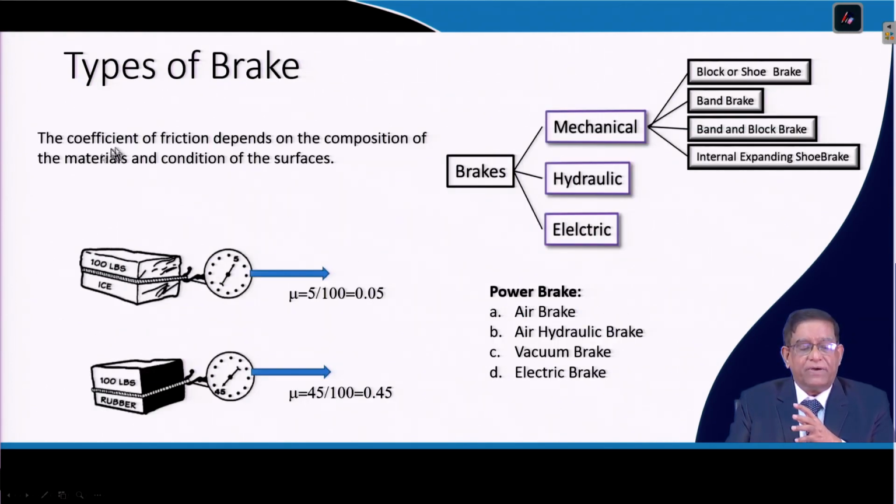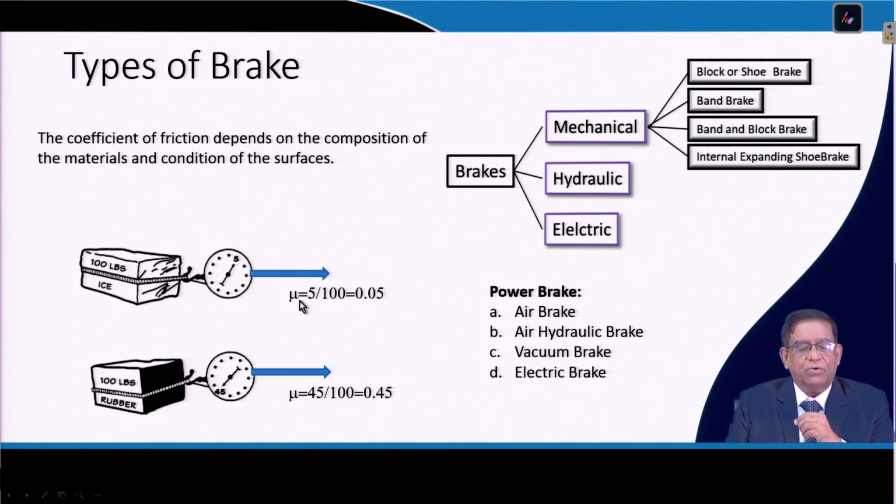So there are different types of brakes. You know that the principle of the whole braking system is friction. As you know, the coefficient of friction: if you take an ice slab and pull it on a rubber pad, it moves by giving only 5 units of force.